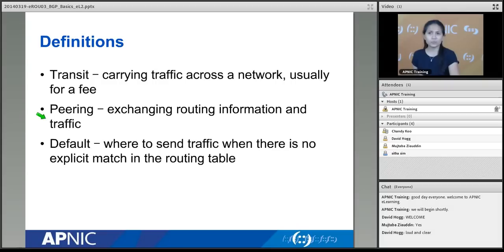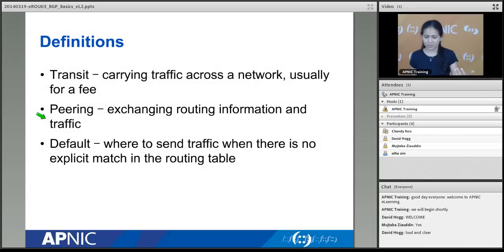There's an agreement between them. They're peering with each other, exchanging routing information, but it doesn't come with a cost. There might be a small administrative cost just to maintain the infrastructure, but that's it. The reason you're peering with each other is because you're both benefiting from it.